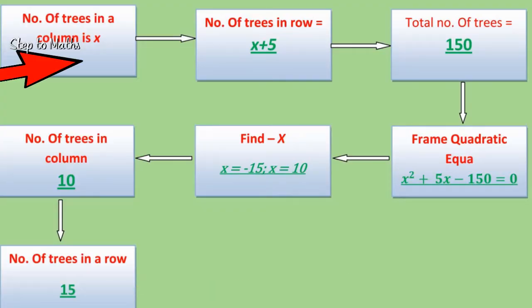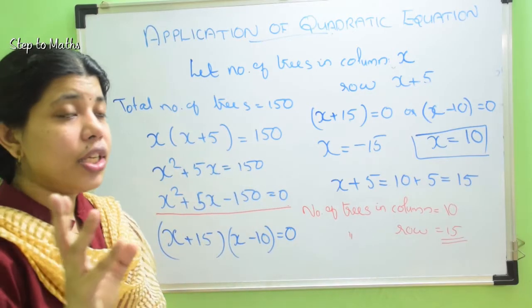We take the number of trees in a column as X and according to the condition we write the number of trees in a row as X plus 5, and according to that we form the quadratic equation and solve it, then we get our solution to this problem, the number of trees in a column and the number of trees in a row. And the total number of trees is 150.